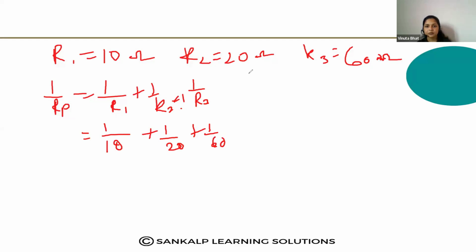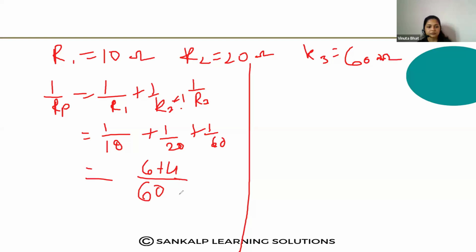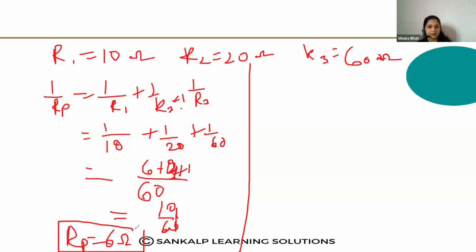Then you have to find out the total resistance, that is 60 divided by 6 plus 3 plus 1. So that is equal to 10 by 60, that is equal to 1 by Rp. Total resistance in this circuit is equal to 6 ohm. Okay. Total resistance in this circuit is equal to 6 ohm.